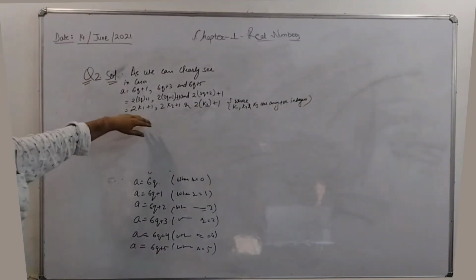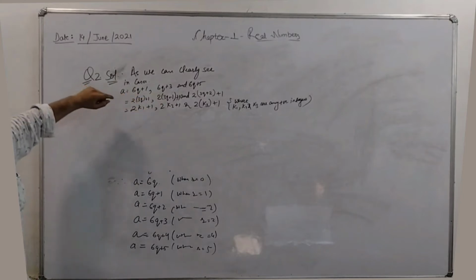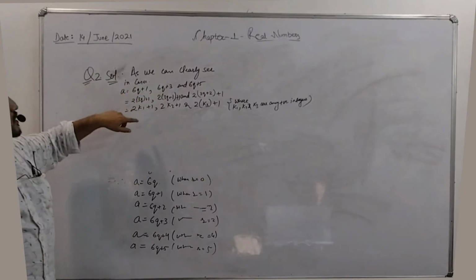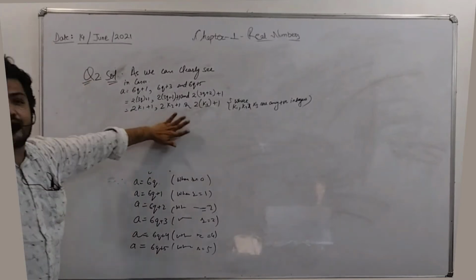So here we can easily see that in all the three cases it is of the form 2k1 plus 1, 2k2 plus 1, or 2k3 plus 1, like 2k plus 1.